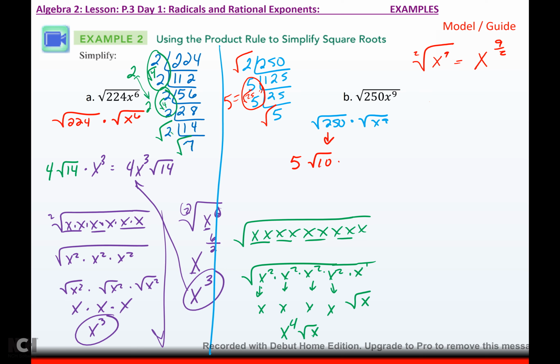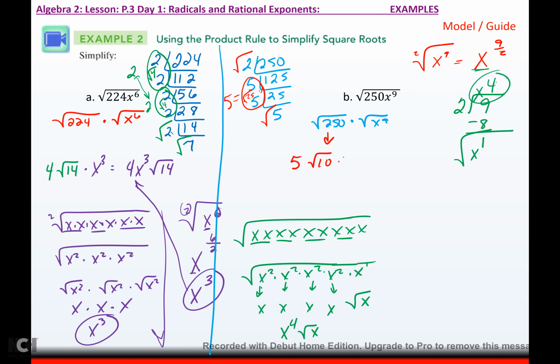Now let me show you the shortcut. You still can divide. 2 goes into 9 4 times. 4 times 2 is 8. 9 take away 8 is 1. So what you have is this base to the 4th gets out, and the base to this stays in. Out, in.